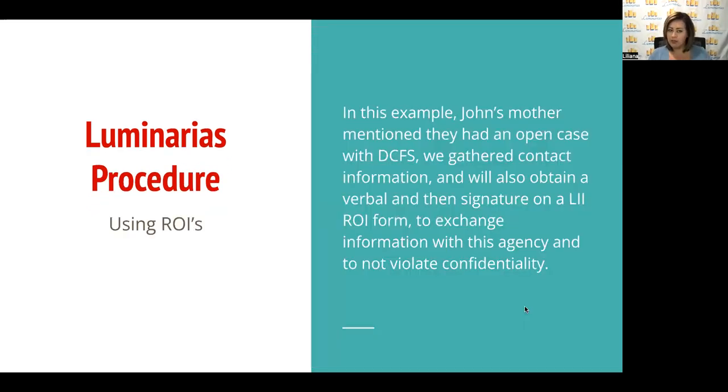Here we have the part that I talked about in regards to release of information, or what we call our ROIs. In this example, if we remember, John's mother mentioned that they had an open case with DCFS. We gathered that contact information and obtained verbal consent, and we'll also obtain a signature on our release of information form, which you'll see shortly, so that we're able to exchange information with this agency and not violate confidentiality.